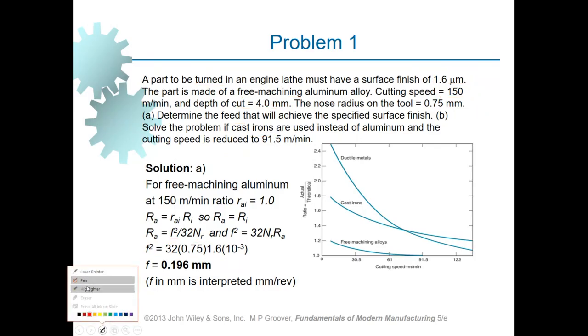If this is the case, what we have is cast iron as the material and a cutting speed of 91.5. Cast irons are represented by this curve, the middle curve, and the cutting speed is this much, 91.5. What we need to do is to get the value of RAI for this given cutting speed and this curve.